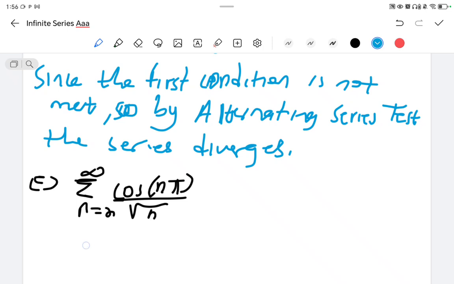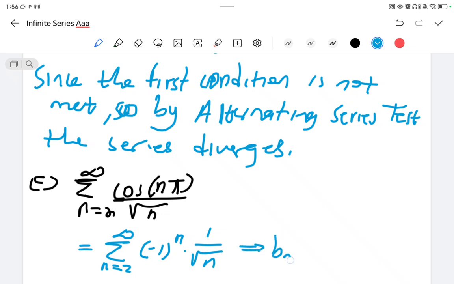So it's the same thing as coming to replace that. We can still replace this as minus 1 to the n, times 1 over root of n, given that bn will be equal to 1 over root of n. You see, right? Given this.